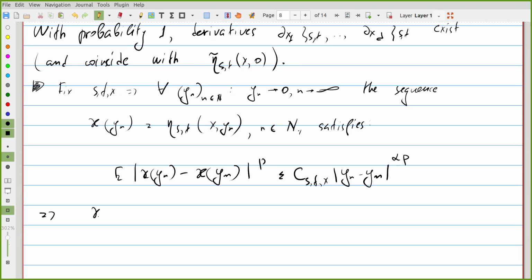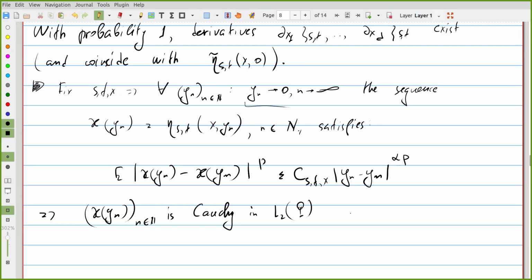This immediately gives that the sequence is Cauchy in, say, L2 omega. By the definition, the distance between all the elements uniformly converges to zero because of this. This means that it has a limit in L2.